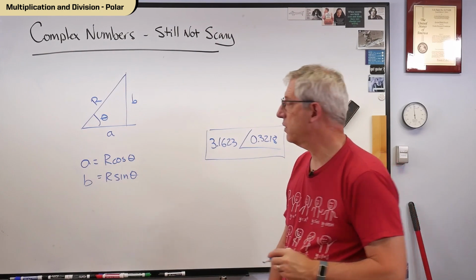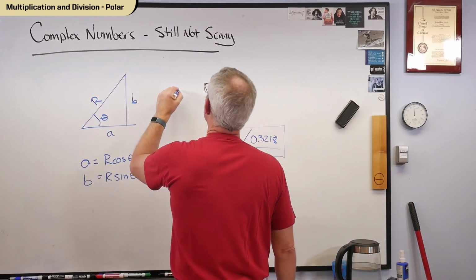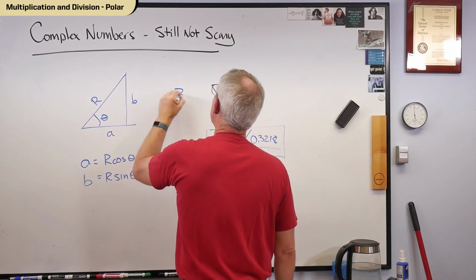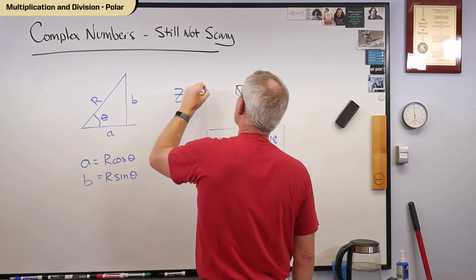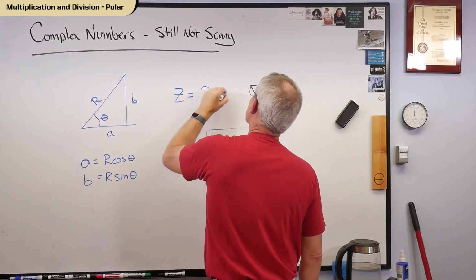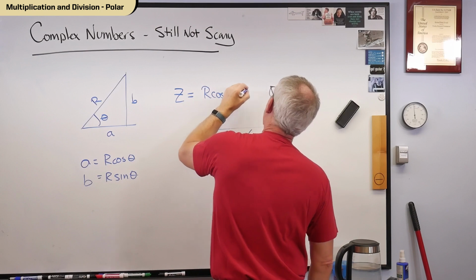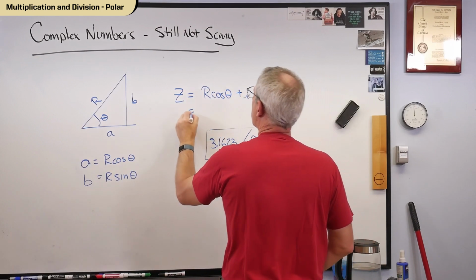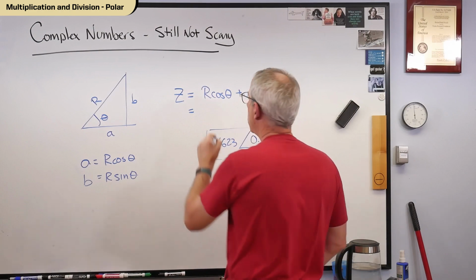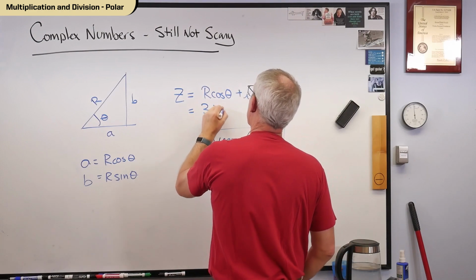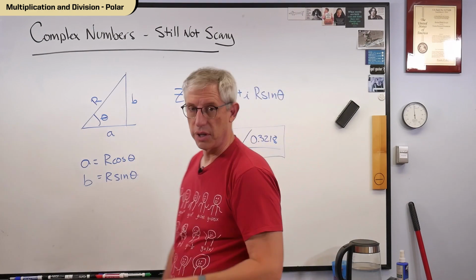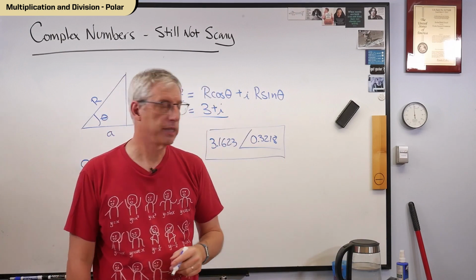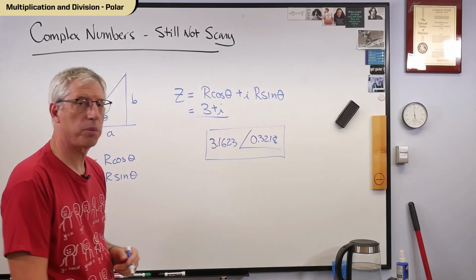And when you work this all out, if you say Z equals R cosine theta plus i times R sine theta, what you get is 3 plus i, just like we got before.